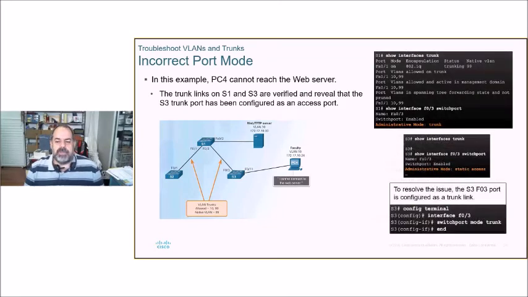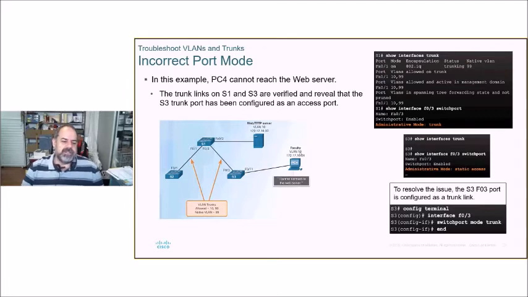Okay, so port modes. In this example, PC4 cannot reach the web server. So PC4, where's that? That's here. So it's got to go from switch 3 to switch 1 to get to the web server. And trunk links on S1 and S3 are verified and reveal that the S3 trunk port has been configured as an access port.